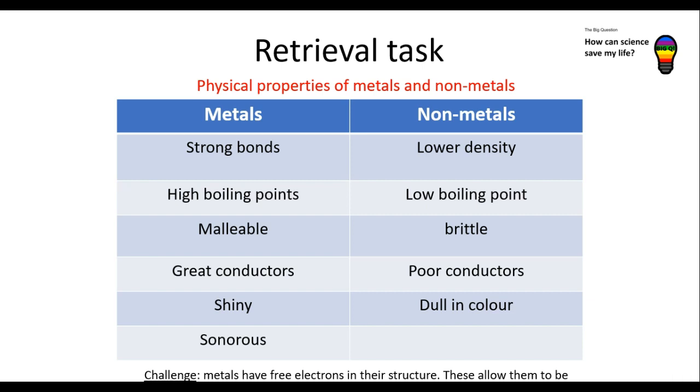Whereas non-metals have lower density, usually low boiling point. They're brittle, so they can break easily. They're poor conductors, and they're dull in color. If you took the challenge, you could have said that metals have free electrons in their chemical structures, so these allow them to be good conductors of electricity.